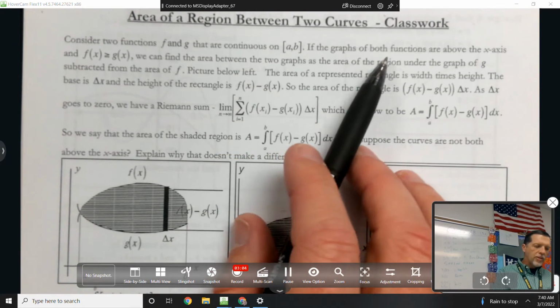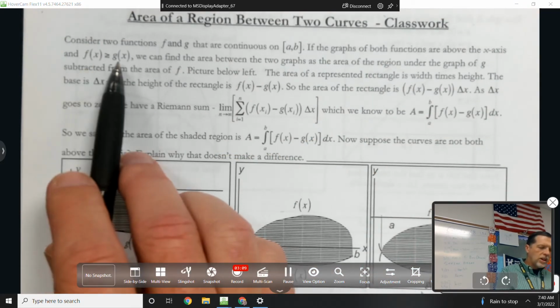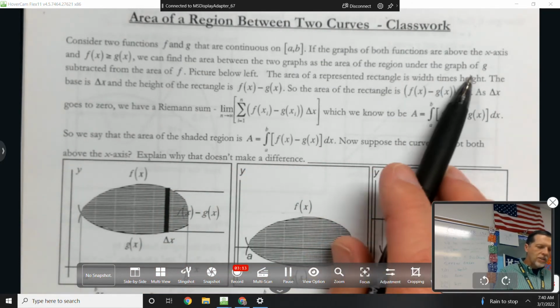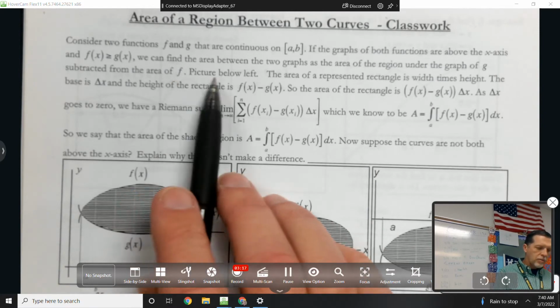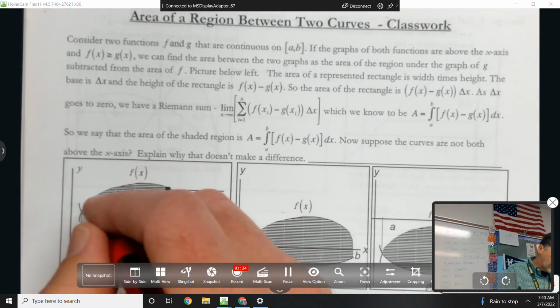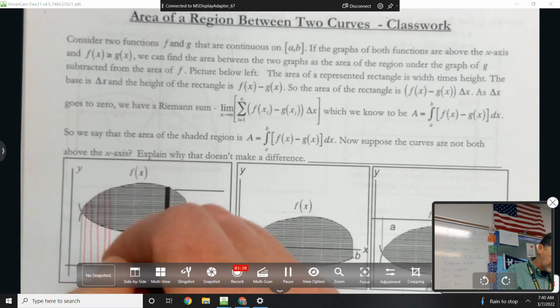If the graphs of both functions are above the x-axis and f is greater than g, you can find the area between the two graphs as the area under the graph of g subtracted from the area under f. Picture below left. So that's this first picture here. So we know that the area under f, like when we say area under the curve, we mean all the way down to the x-axis.